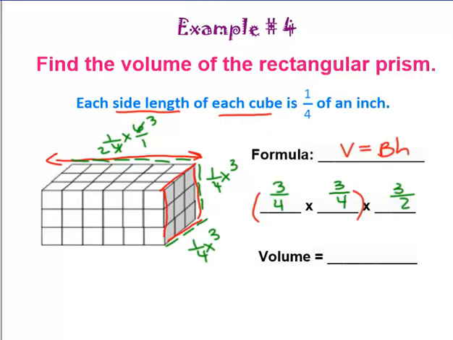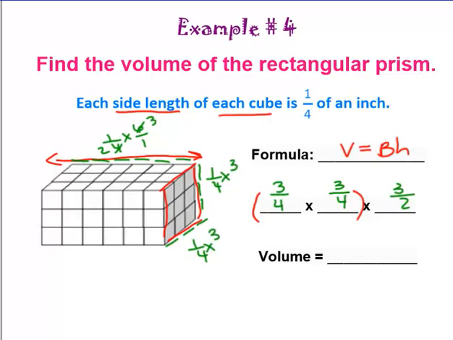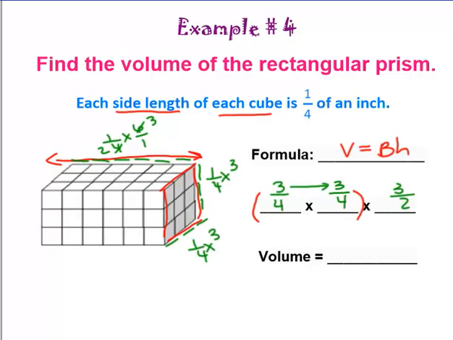Now, if you simplify within the problem and make sure that all of these fractions here are simplified, you do not have to simplify a large number at the end. So it's always easier to simplify a 6 and a 4 instead of a 526 and a 78. All right, let's work within our parentheses first. So we have 3 times 3, which is 9, over 4 times 4, which is 16, and then times 3 over 2.